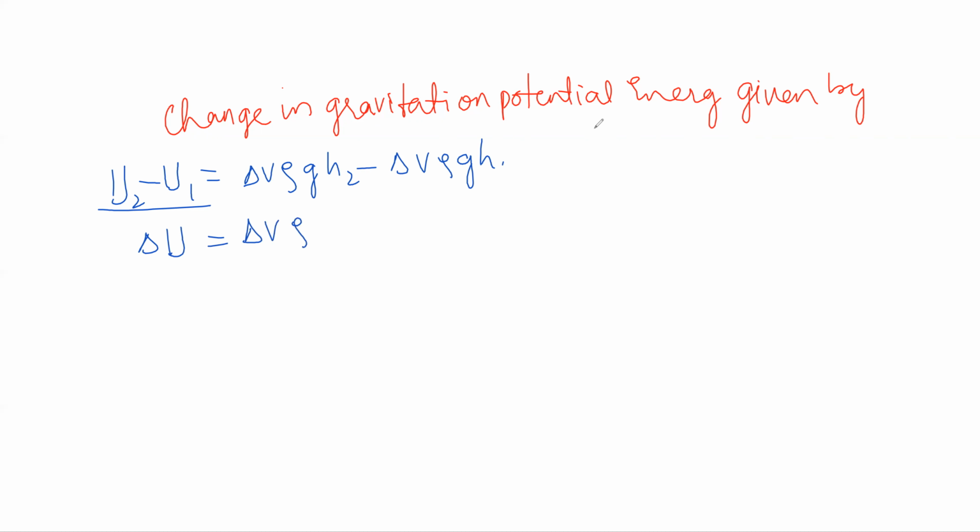That is represented by delta V rho G, which is common, into H2 minus H1. So this is all about gravitational potential energy.